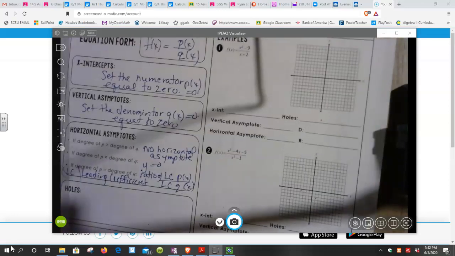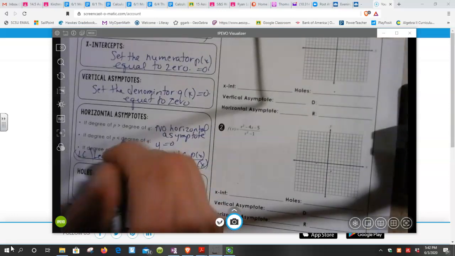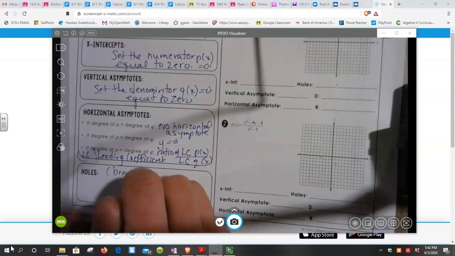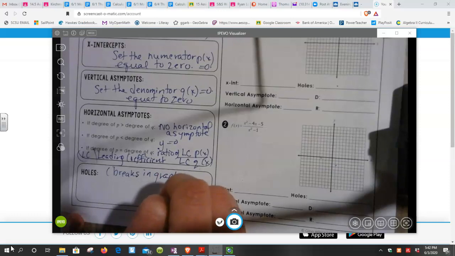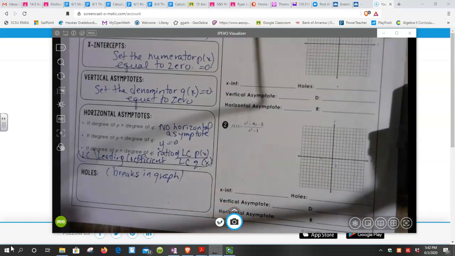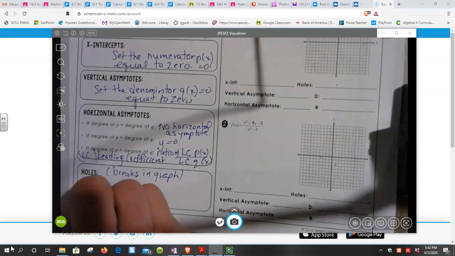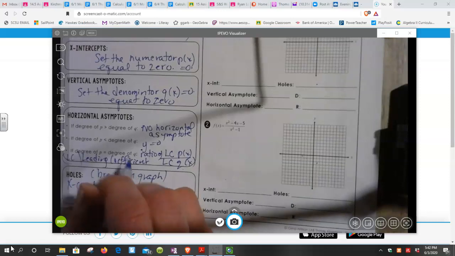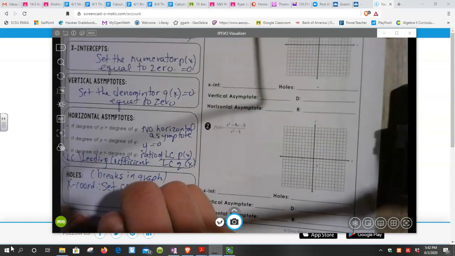Alright, the holes. Don't forget the holes. That's where the breaks in the graph are. And the x-coordinate, how do we get that? We set the common factor equal to 0. So we're looking for common factors.